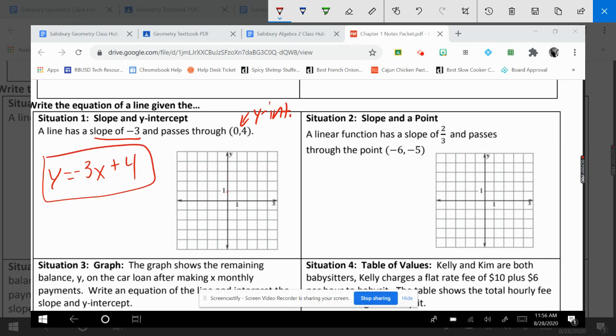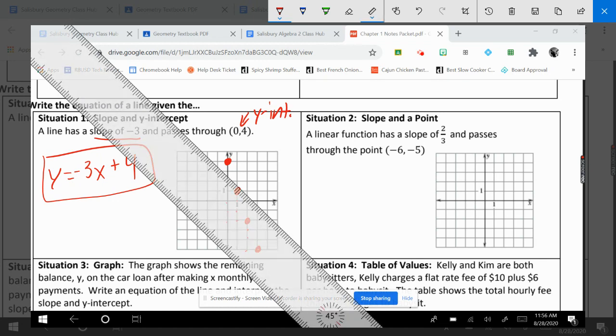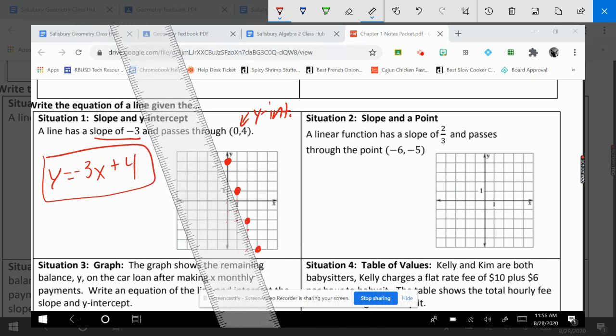And then quick review on graphing, if the y-intercept's 4, 1, 2, 3, we go up to 4 on the y-axis. The slope is negative 3, which means we go down 1, 2, 3, and right 1. And we repeat. 1, 2, 3, and right 1. I got this nifty thing here.